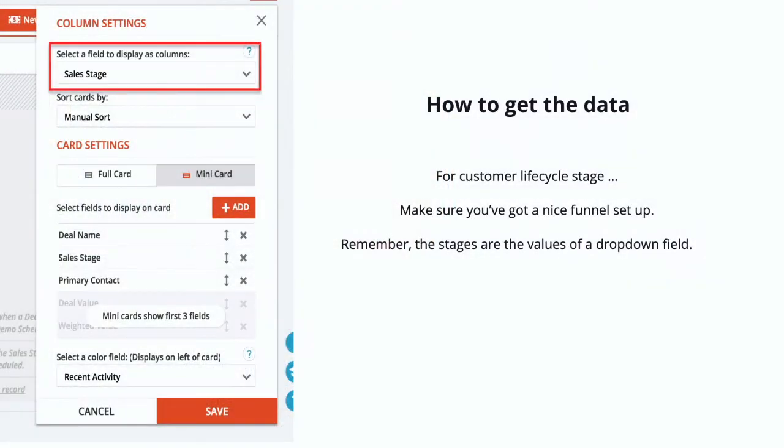So that's what we're showing here. First you make sure you've got a nice funnel set up, and the columns are the values of your stage field, this field that we just created. So that's how that works. Again, if this is not clear, let's talk about it, because you need to know how to do this.